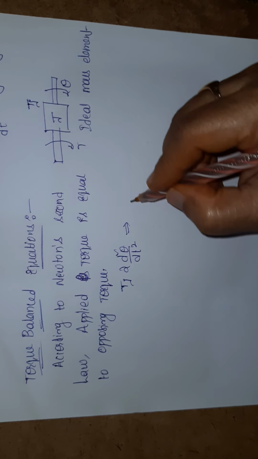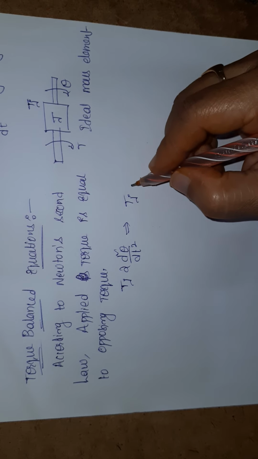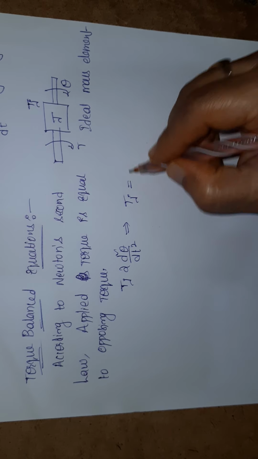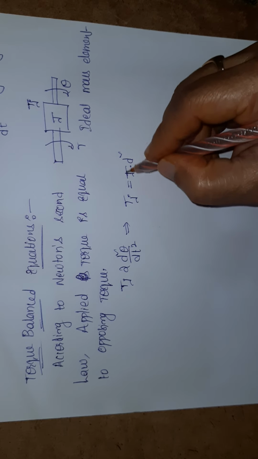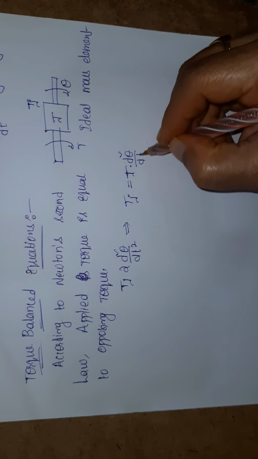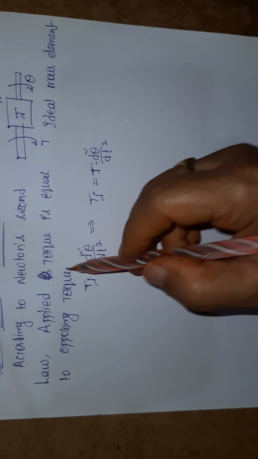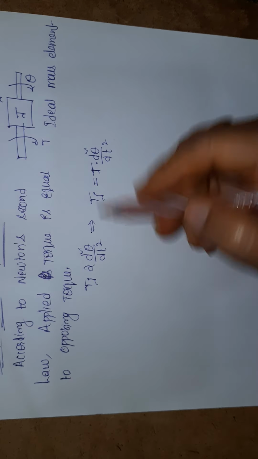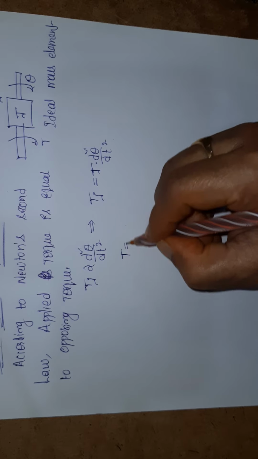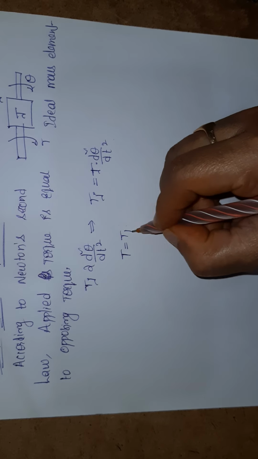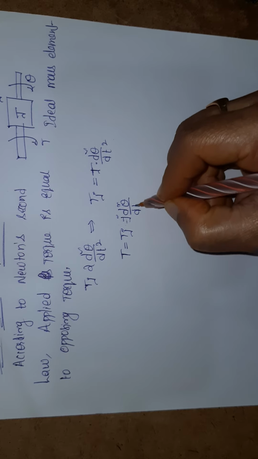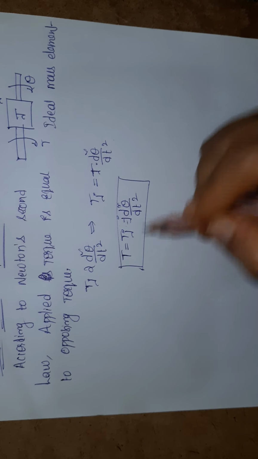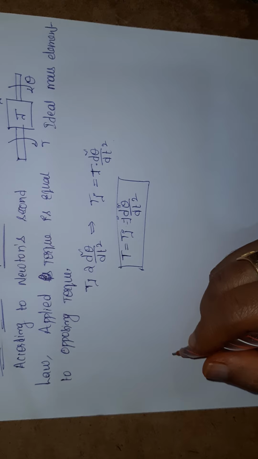If I remove the proportionality constant, I get Tj equals J into d square theta by dt square. So according to Newton's second law, the applied torque and this opposing torque are equal. This is the torque balance equation for J.